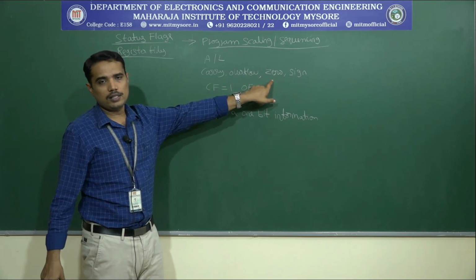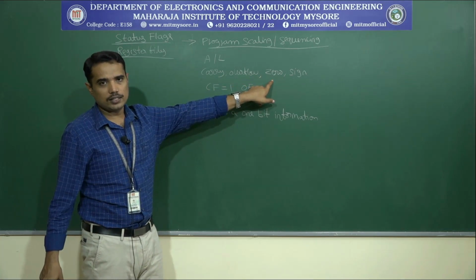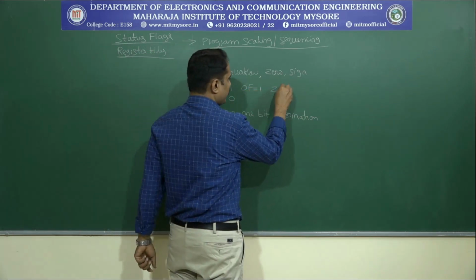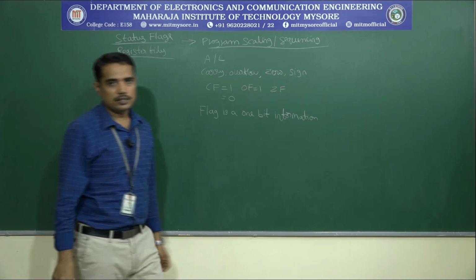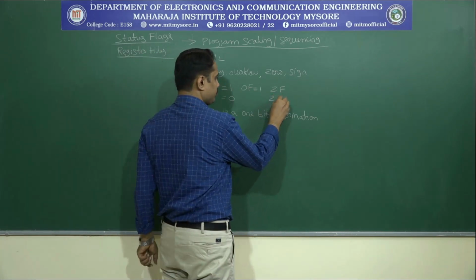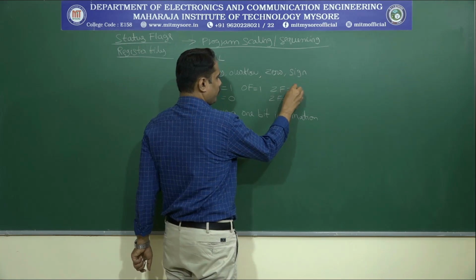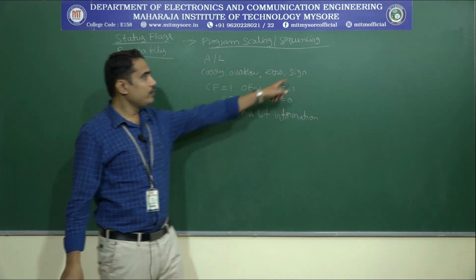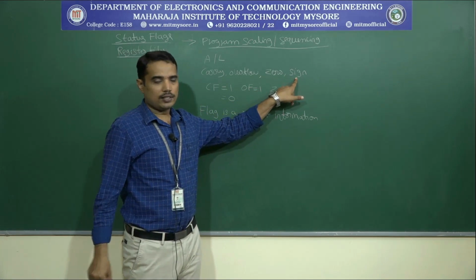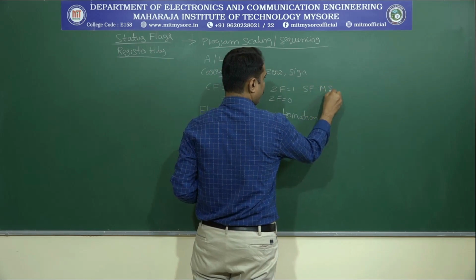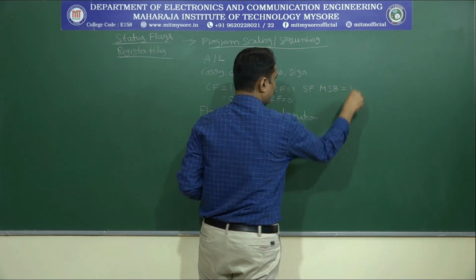If the result is 0, then the zero flag, ZF, will be set. If the result is non-zero, then ZF is equal to 0. The sign flag will be set if and only if the MSB in the result is equal to 1.